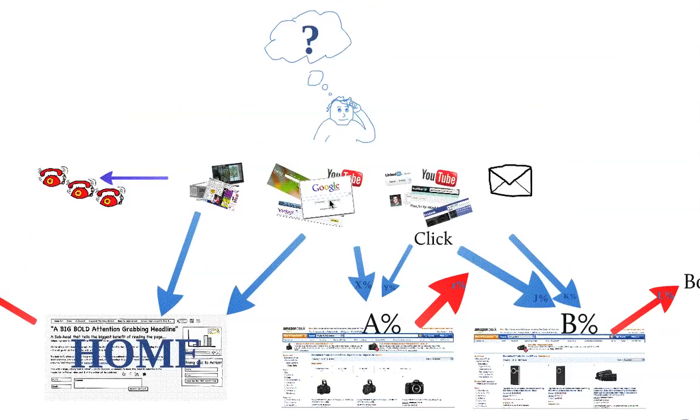If they found you via search engine or via social media, that click may not take them to the home page. In fact, it's far more likely to take them to an internal page that is relevant to the search term, to the keywords that they used when they typed that search in.